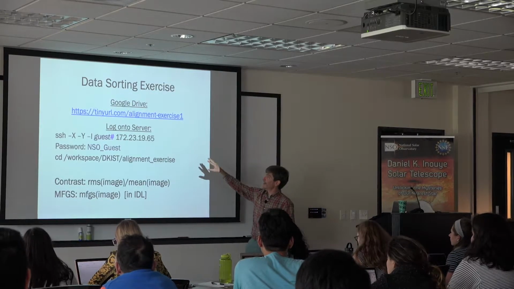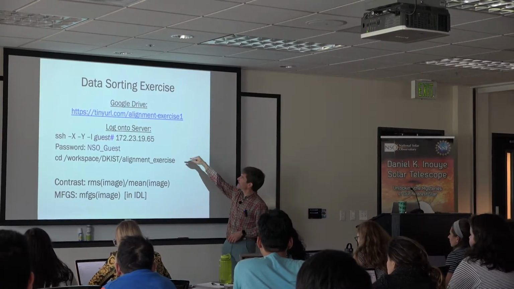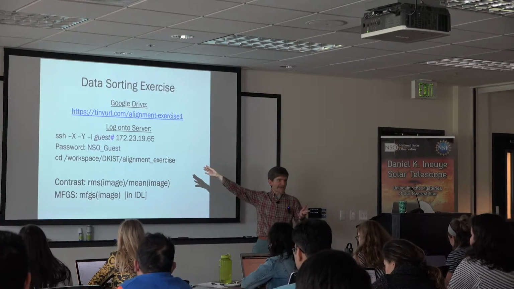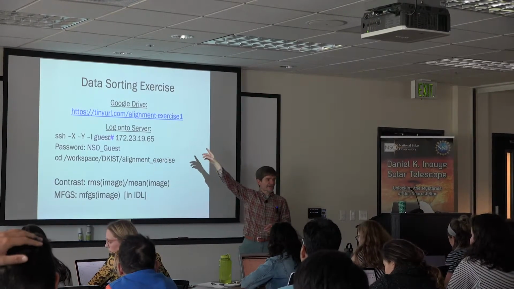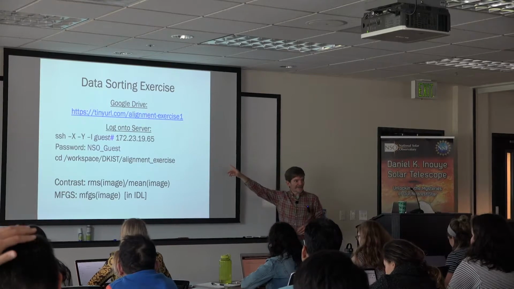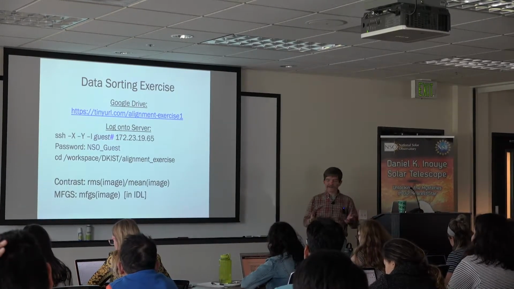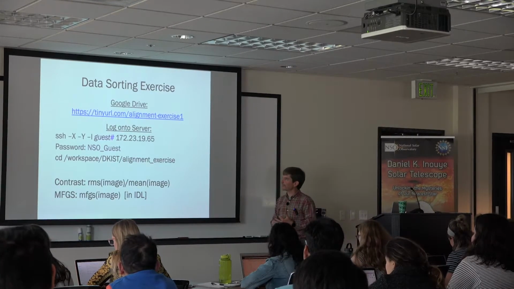On the server, the file's there in this directory. There's the FITS file. It's 400 megabytes. You can download it from the Google Drive if you want to do it on your own computer. With any FITS reader, you should be able to open it up and look at the series of images.